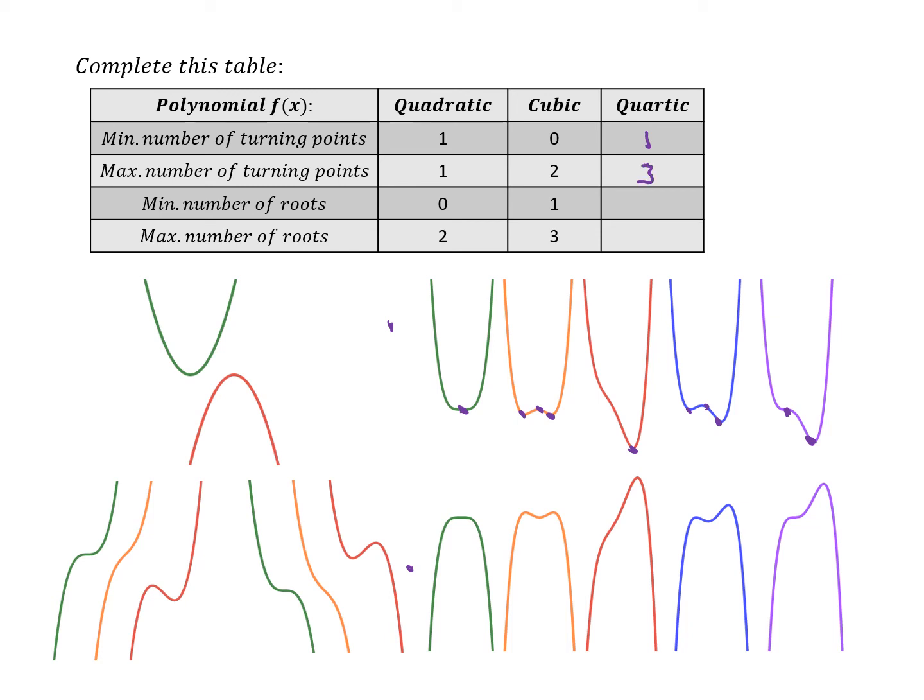What about the roots now? If we look at the graphs at the bottom, if the x-axis was down here, let's say, you might get 2 roots. If it was up here, you'd get no roots. Can you get more than 2 roots? Well, yes, you can. You can get, in this case, if I draw that carefully, if that was up a little bit, you could get 4 roots.